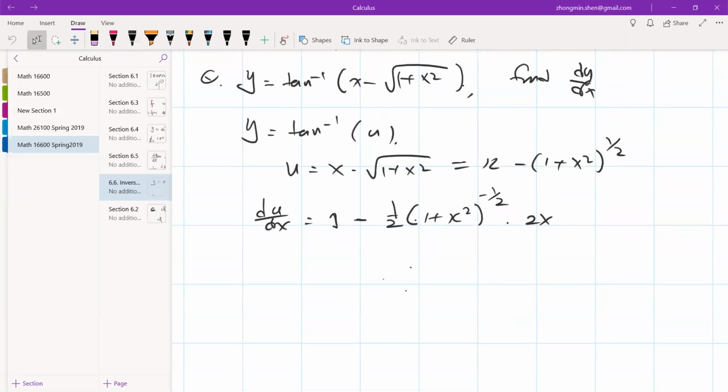Right, so we differentiate this with respect to x, and then you simplify, you will get the 1 minus x over the square root of 1 plus x squared.